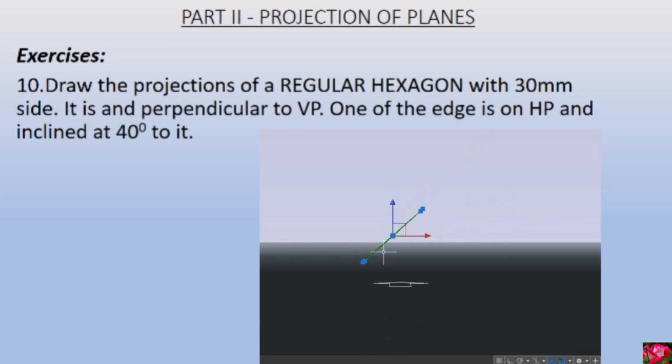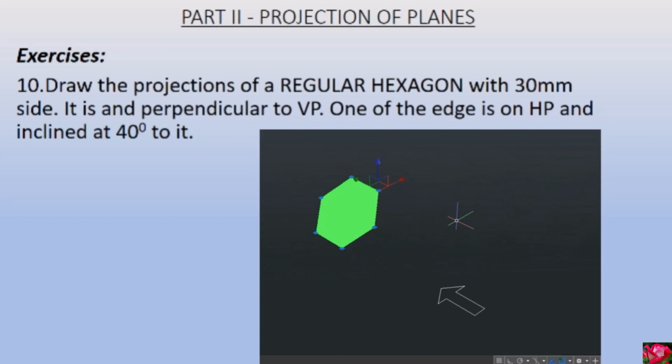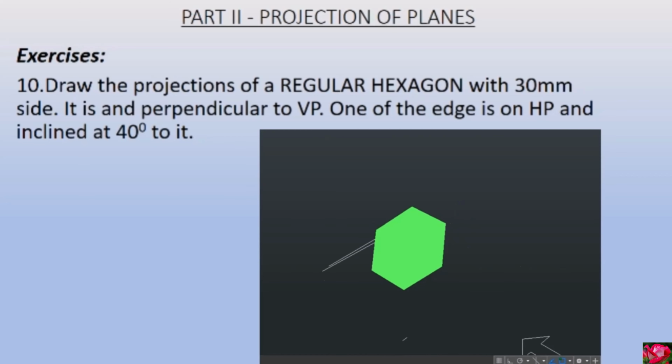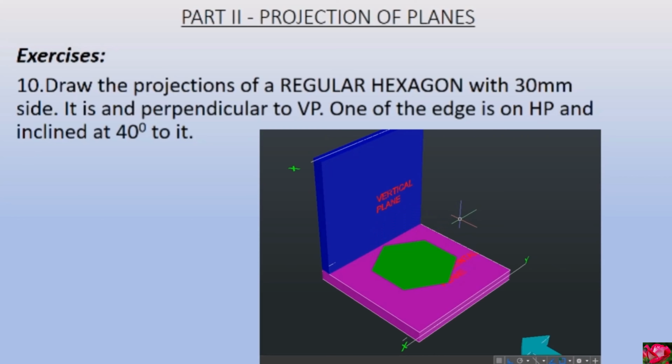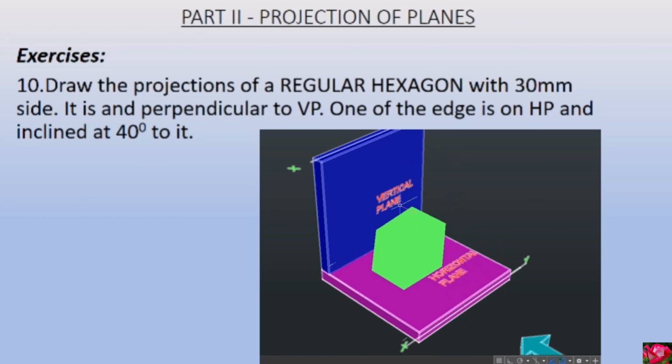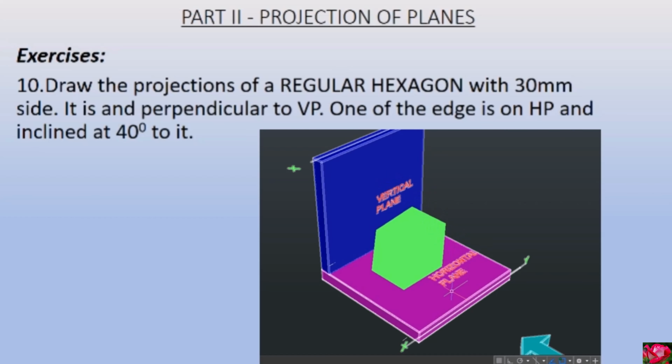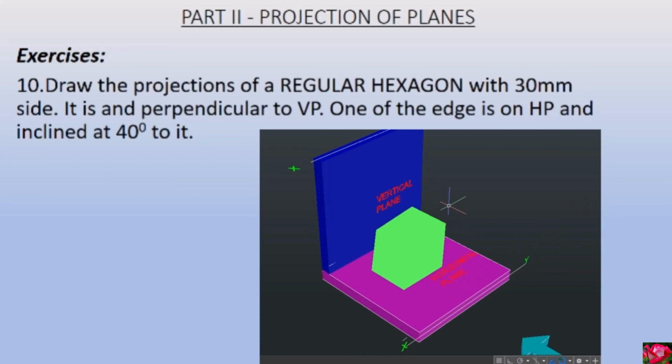Make no mistake, there is a straight line which appears from the front. So this is the position of this hexagon with respect to the horizontal and vertical plane. It is perpendicular to the vertical plane and it is inclined to the horizontal plane. So its top view will appear as a contracted hexagon and front view will appear as a line.